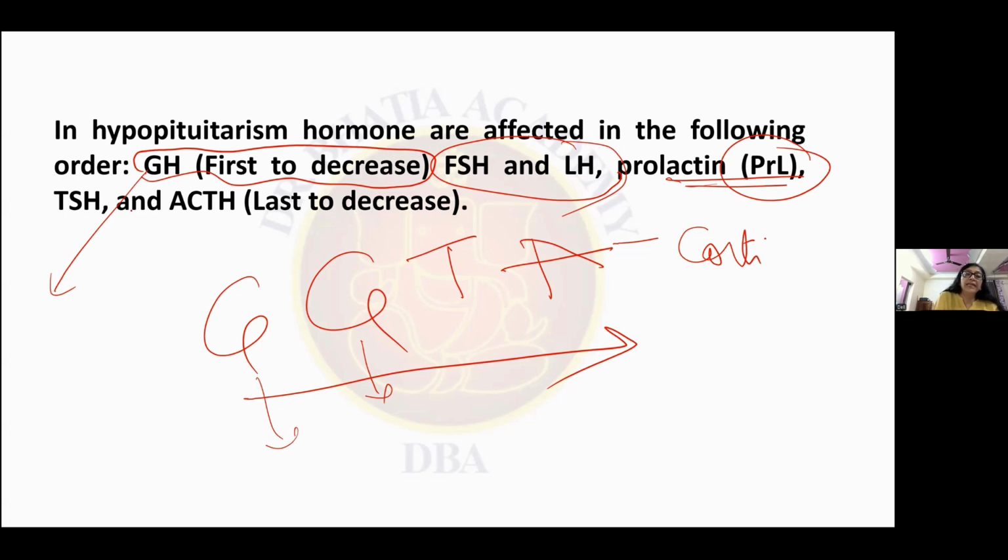Then comes the loss of TSH, when the patient starts presenting as secondary hypothyroid. And the last to go is the ACTH, which is going to cause hypocortisolism, and you will have features of low sugars, low BP.